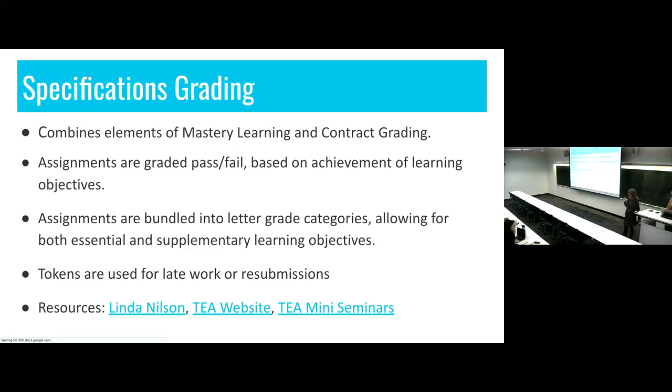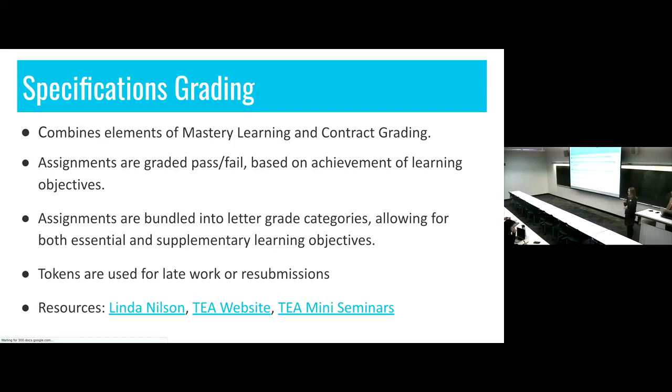Right, so often, as I said, ungrading tends to involve a lot of resubmitting of work or revisions. Sometimes it can be too burdensome on the instructor if a lot of students are all turning in a lot of things. So tokens are a way to still allow for that while making it more sustainable for the instructor.